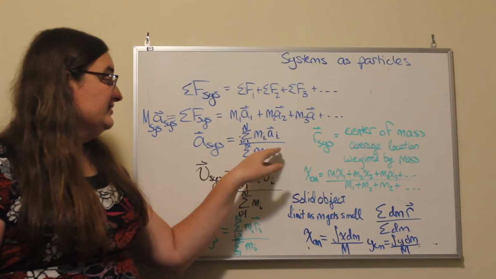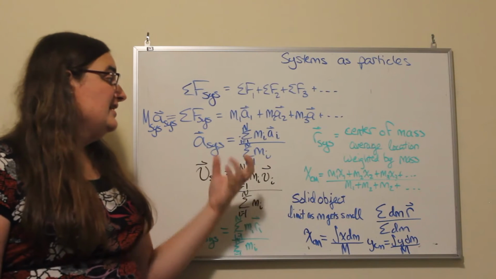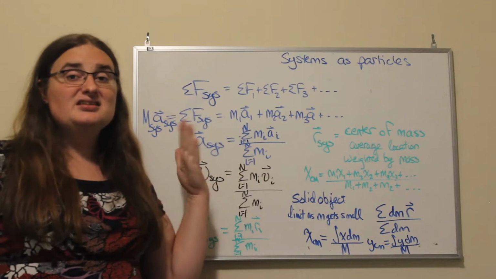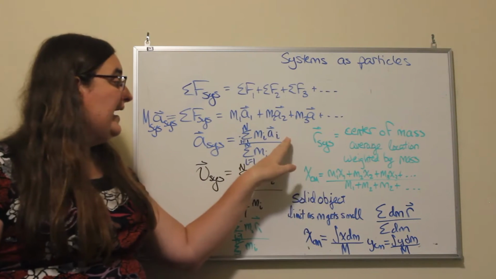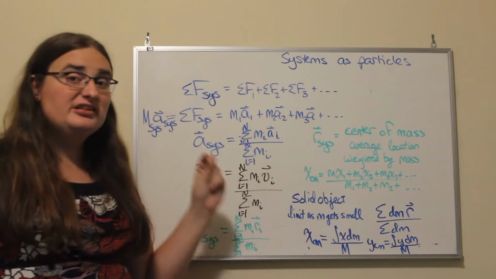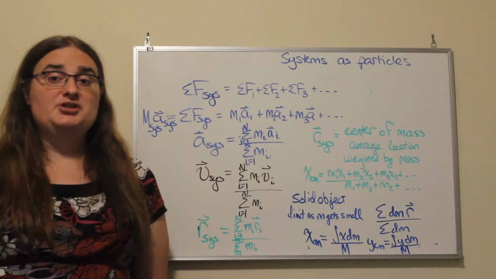This is a statistical process called taking a statistically weighted average of a value. What we're averaging by here, our statistical weight, is the mass of our object.